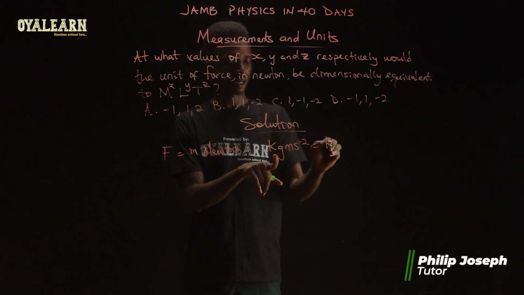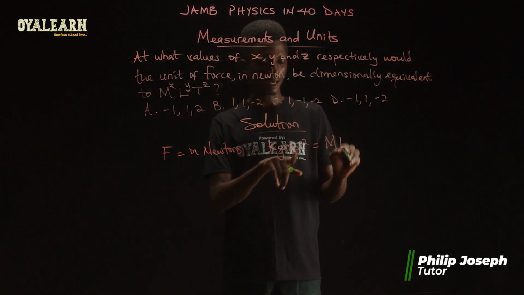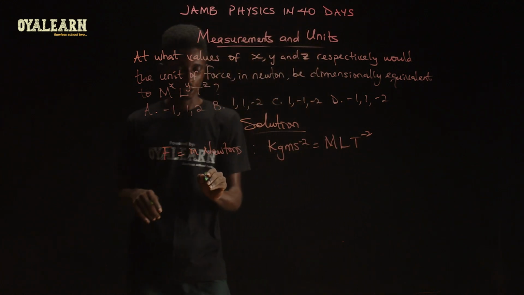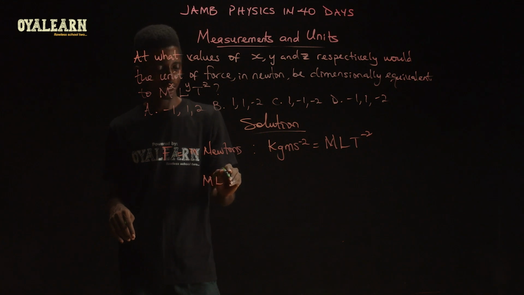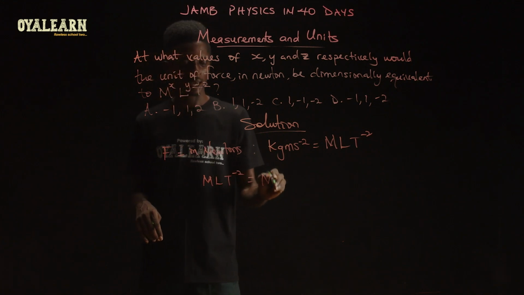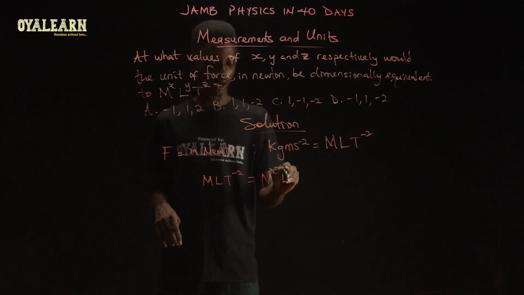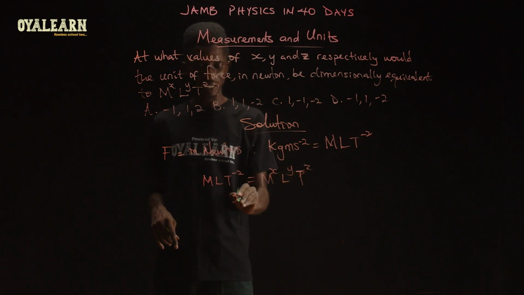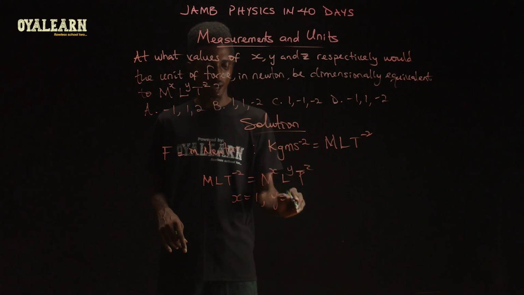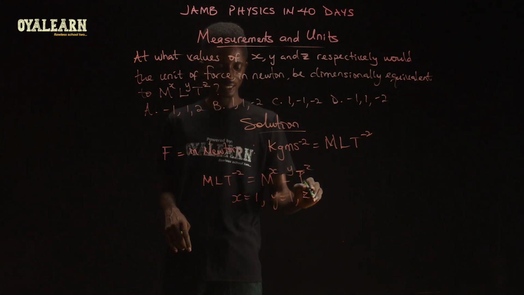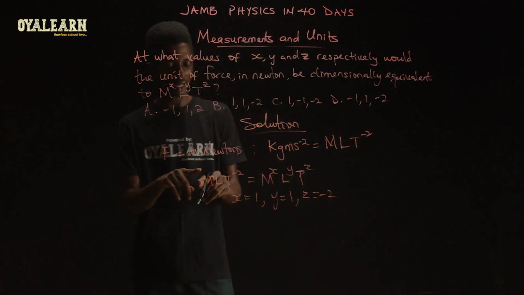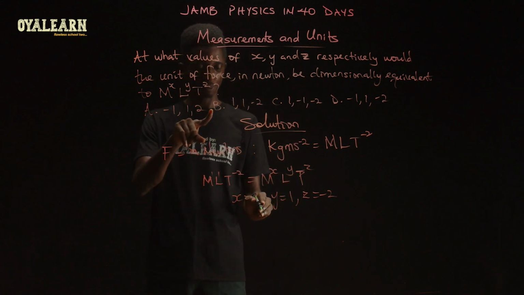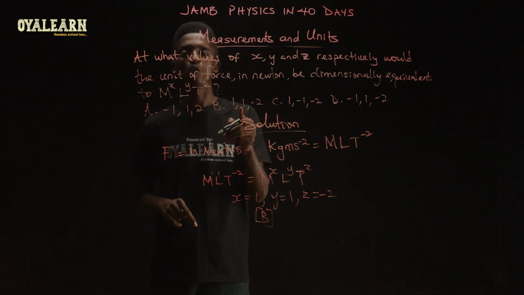That is, we have M, L, then T power of minus 2. Now, this is what we have to equate with this. So we are having M L T^-2 equals M^x L^y T^z. So from here we can see that x is 1, y is also 1, and then z is minus 2. That is the powers here. This is 1, 1, this is minus 2. So the correct option would be option B, where we have 1, 1, and minus 2.